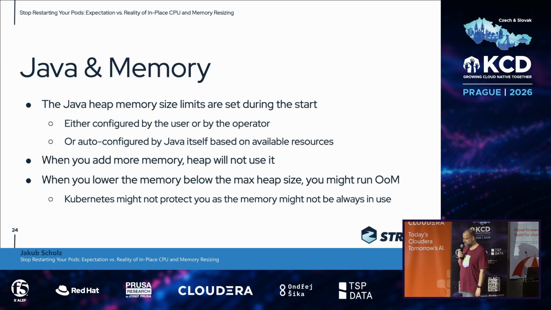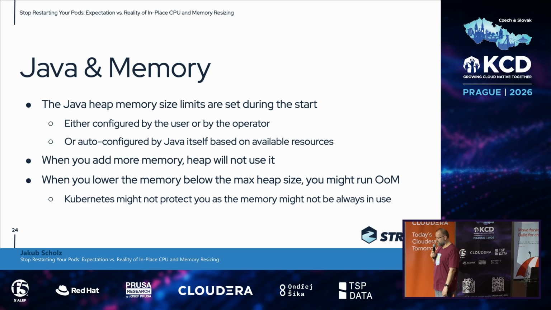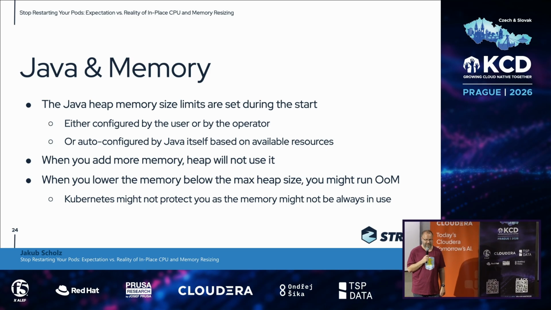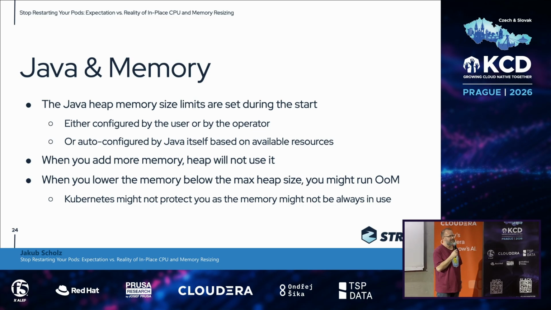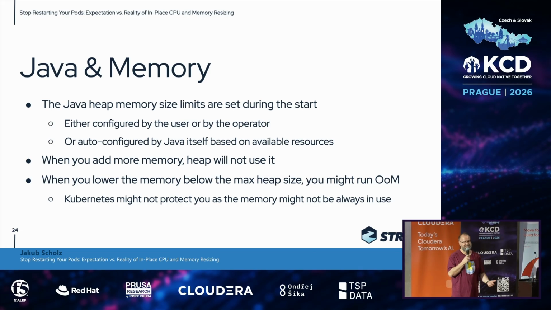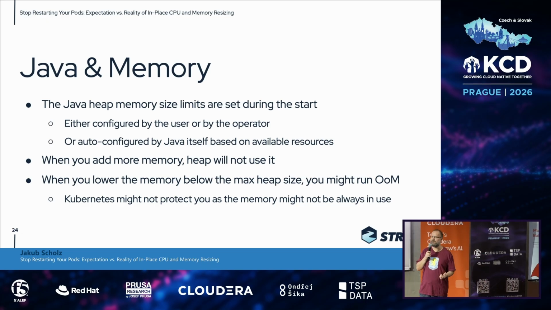The memory, as I already explained, is pretty complicated. The main memory which Java applications usually use is the Java heap memory. It's basically configured through a minimal size and a maximal size of the Java heap, and it's configured when the application is starting.